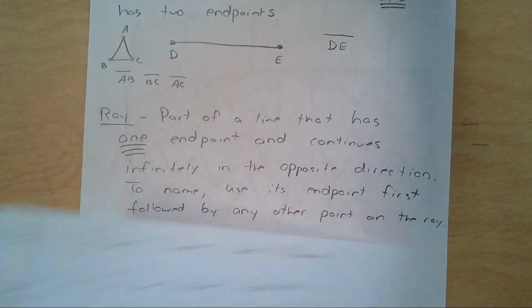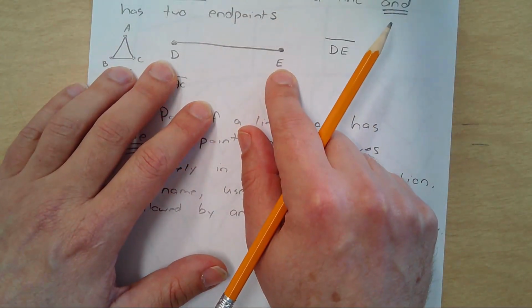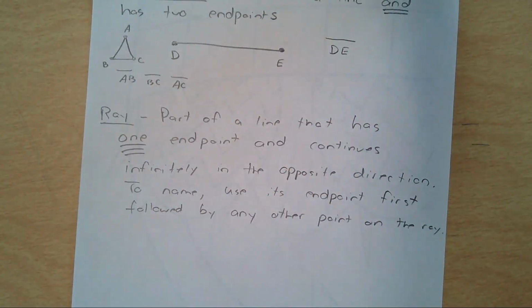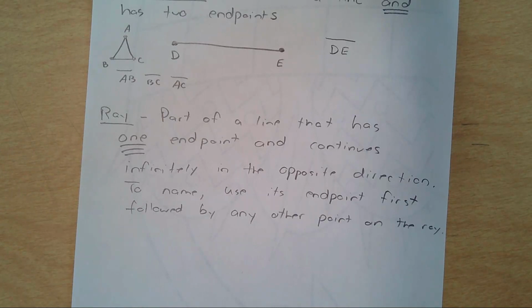The line segment terminates in both directions. I think thinking about the sun is a good way to do it. You've got the sun up there, and then the rays come off the sun. The sun is just there, doesn't really move, but then there are all the sun rays that shoot off in all directions from the sun.